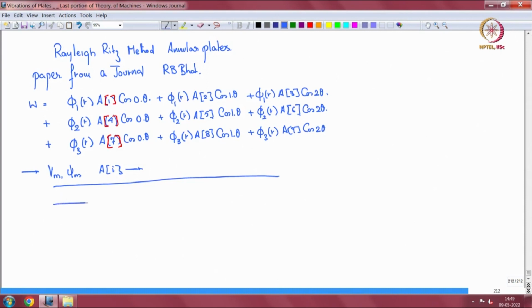There is a table, n, 0 1 2. So this is diametrical nodal lines.